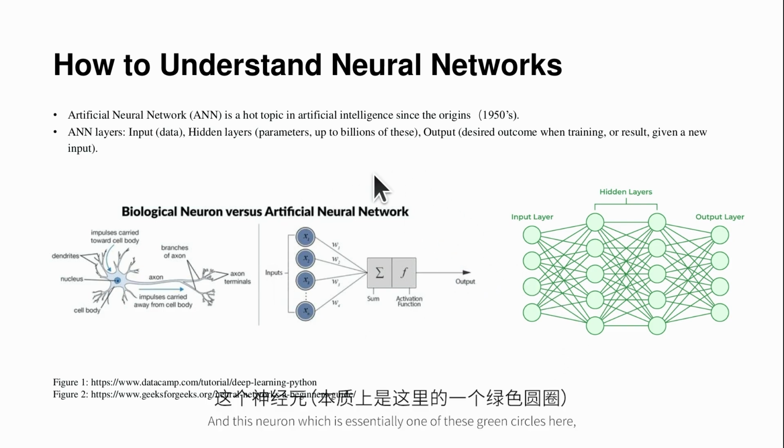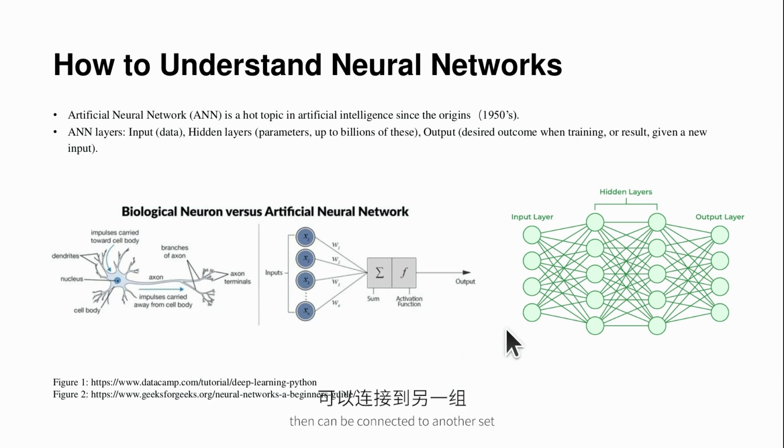And this neuron, which is essentially one of these green circles here, can then be connected to another set of neurons which look like this little piece here.